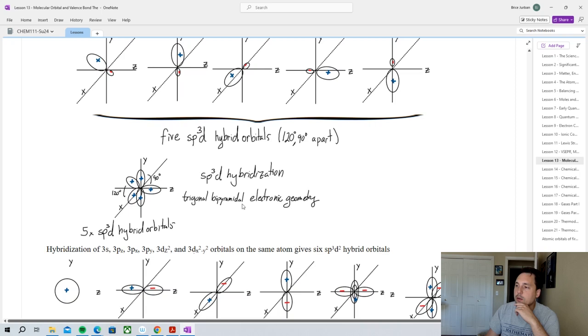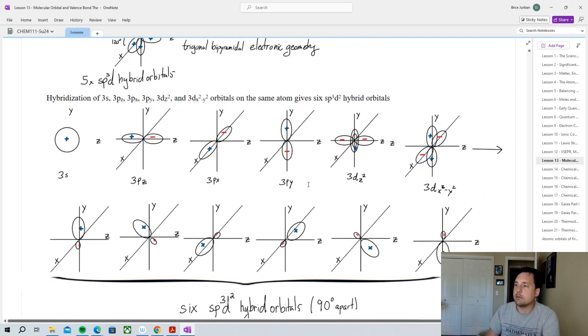This gives us the trigonal bipyramidal electronic geometry. And then you can do the same thing, just add in one more d orbital, like, for example, the x squared minus y squared d orbital, which has lobes along the y and the x-axis.